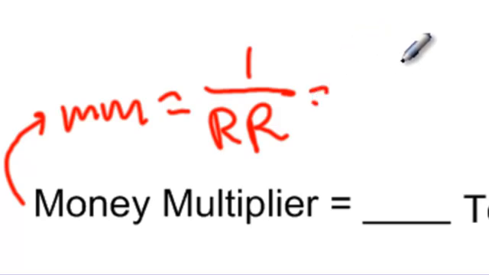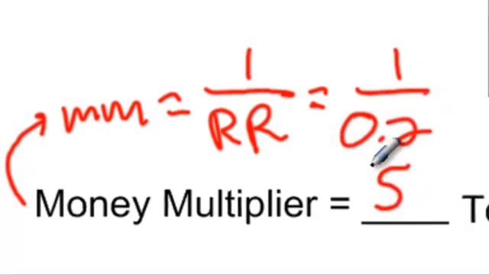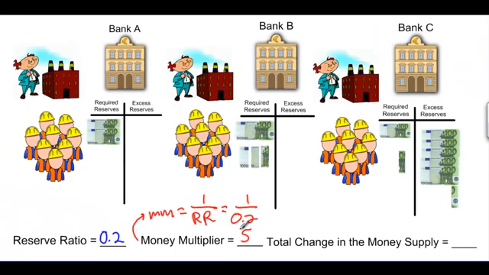In our economy, the reserve ratio is 0.2, so the money multiplier is 1 divided by 0.2, or 5. This means that even though there's only 1,000 euros of hard currency in this economy, the total money supply can be a multiple of that 1,000 euros due to the fact that commercial banks are only required to keep 20% of their total deposits on reserve at any given time.